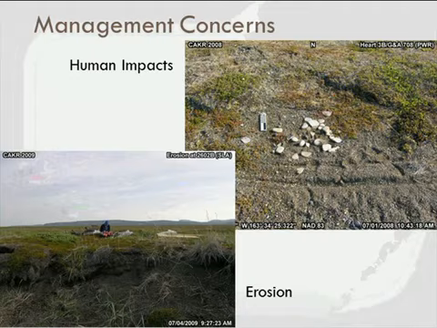So it's not a surprise that this is a problem. What we need to know is how to deal with it, and mostly that includes inventorying the features, inventorying the resources, and especially now we have covered some of the coast but not all of it, and I think in recent years Western Arctic Parklands have done additional archaeological surveys in this park and others to help that cause.